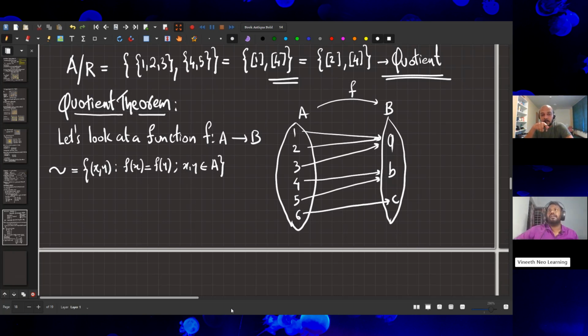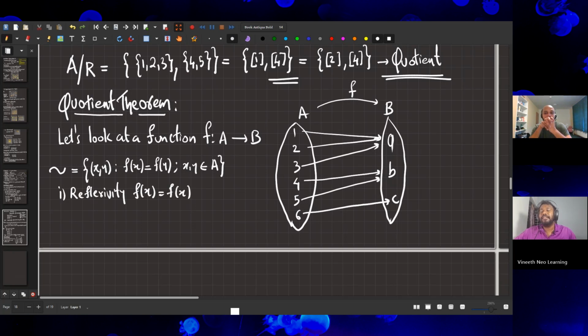The relation says that two objects are related if and only if both of them have the same image. We can easily verify reflexivity, because f(x) is always f(x).